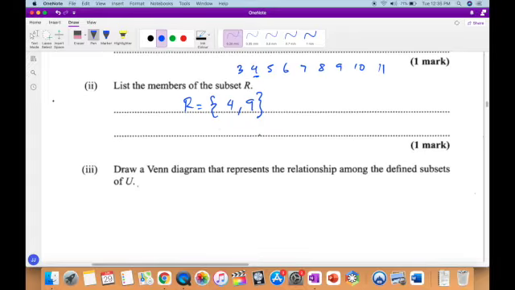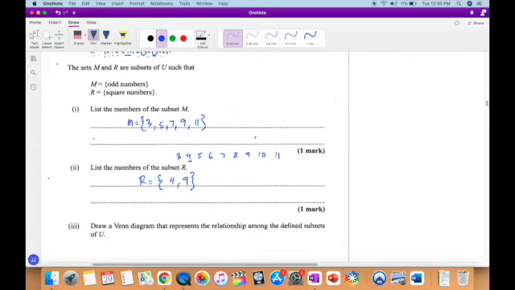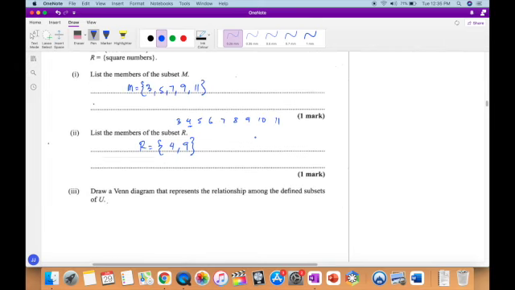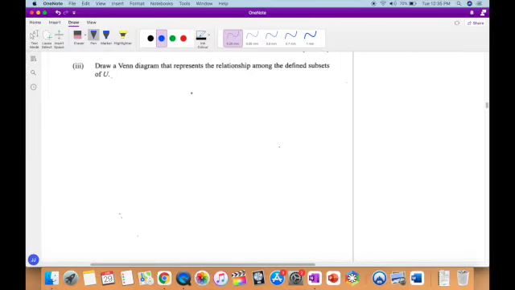Draw a Venn diagram that represents the relationship among the defined sets. First of all, do we have any intersection between R and M? Yes, we do have one number, the number 9. So R does intersect M, and that tells us how to draw our Venn diagram.